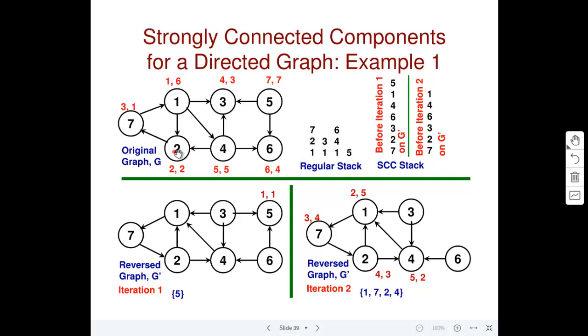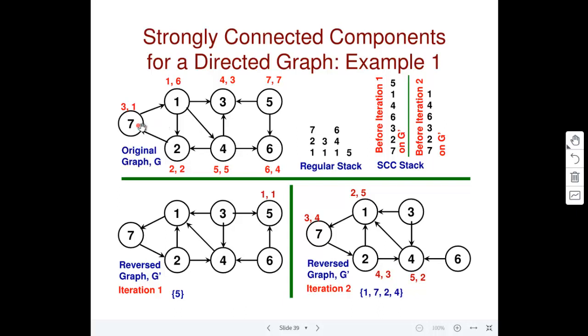Now from vertex 2, you can go to vertex 7, which is not yet visited so far. So you push vertex 7 to the stack as the third vertex to be pushed. Now from vertex 7, you cannot go anywhere else to a new vertex because this outgoing neighbor 1 is already in the stack. So that should be called a back edge if you do the classification.